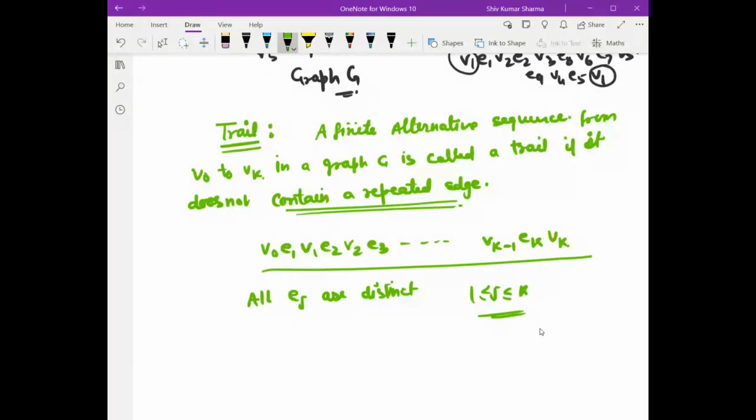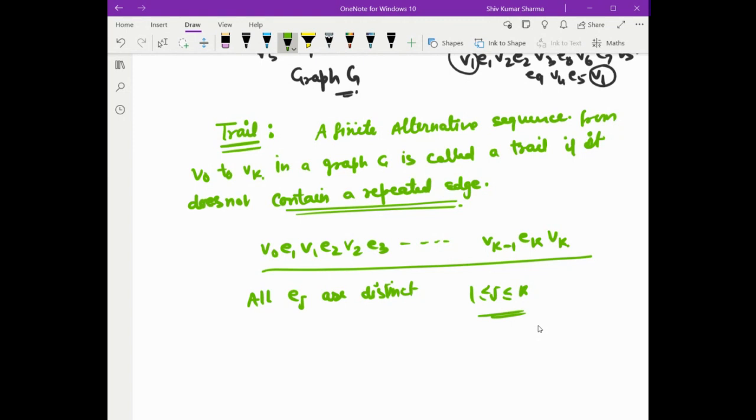A trail is a finite alternating sequence. We make the same definition as in a walk, but here the edges don't repeat. In a walk, the repetition of edges or vertices is allowed, but in a trail, no edge will be repeated.